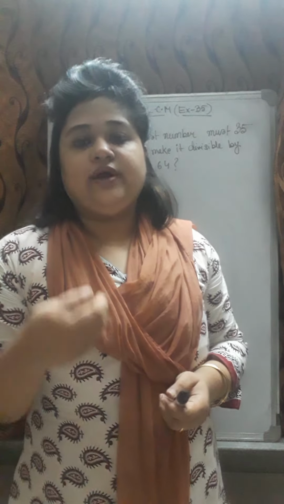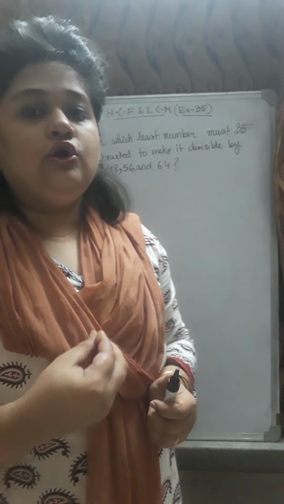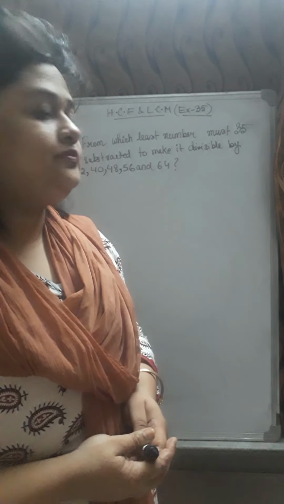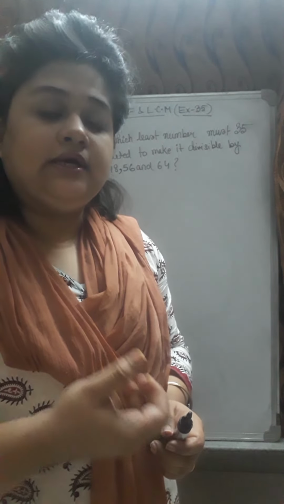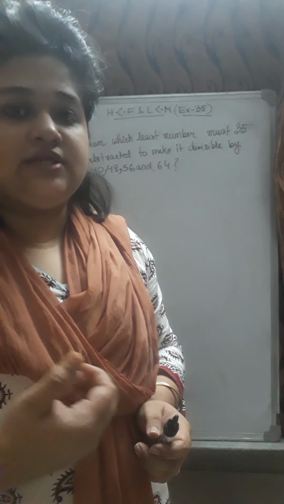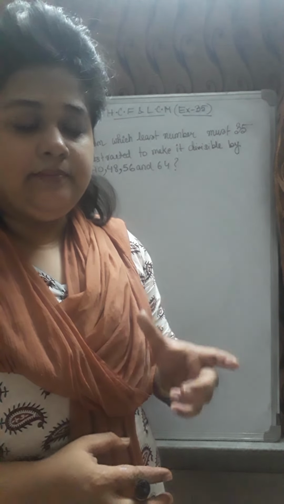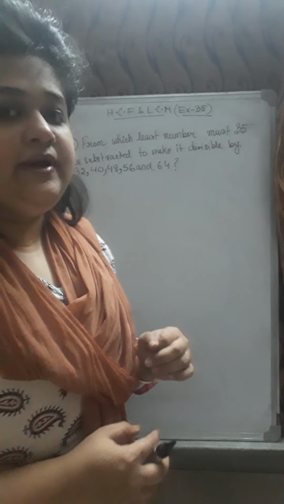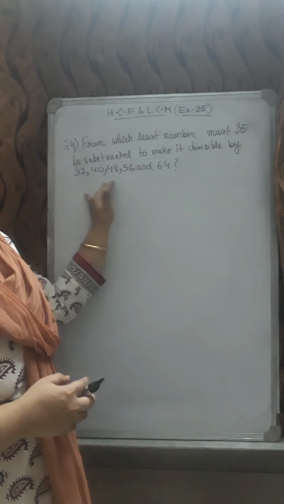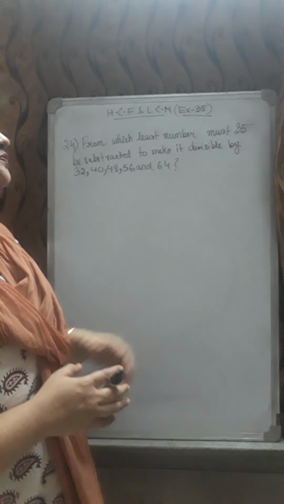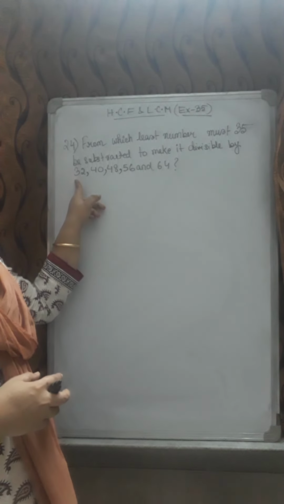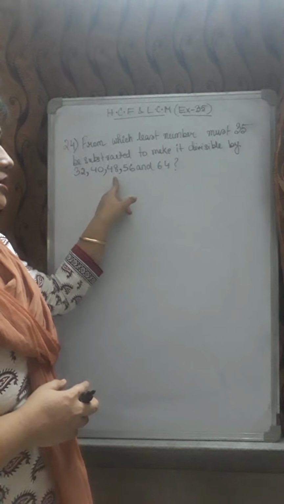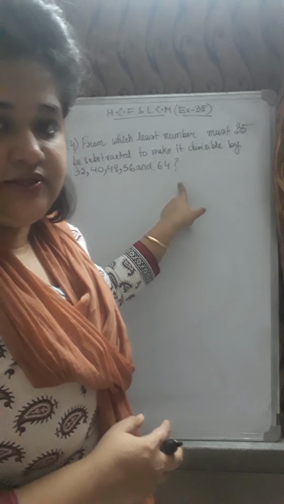So the question is, you have to find the lowest number from where, if you deduct or subtract 35, the number that you get will be divisible by all this set of numbers. That means the number is divisible by 32, 40, 48, 56 and 64.